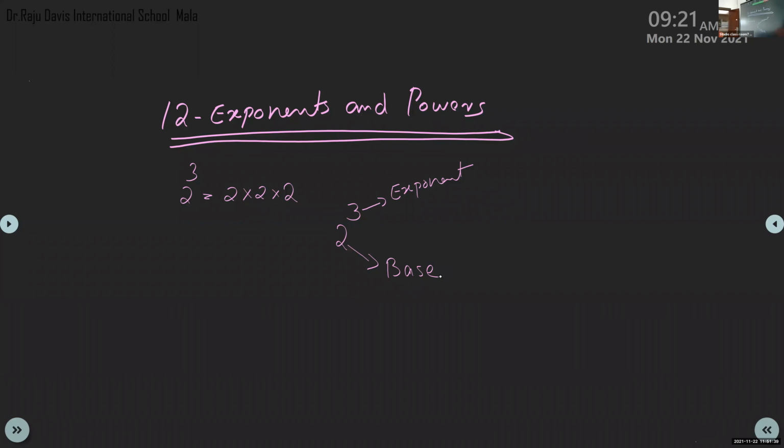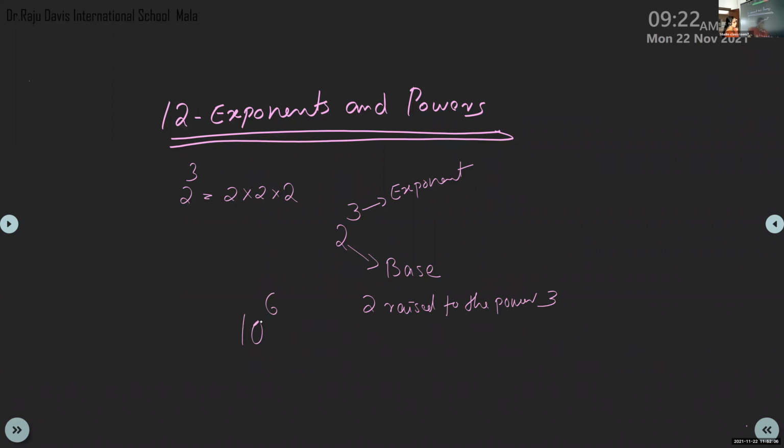And we will read this as 2 raised to the power 3. Now 10 raised to 6: which is the exponent here?